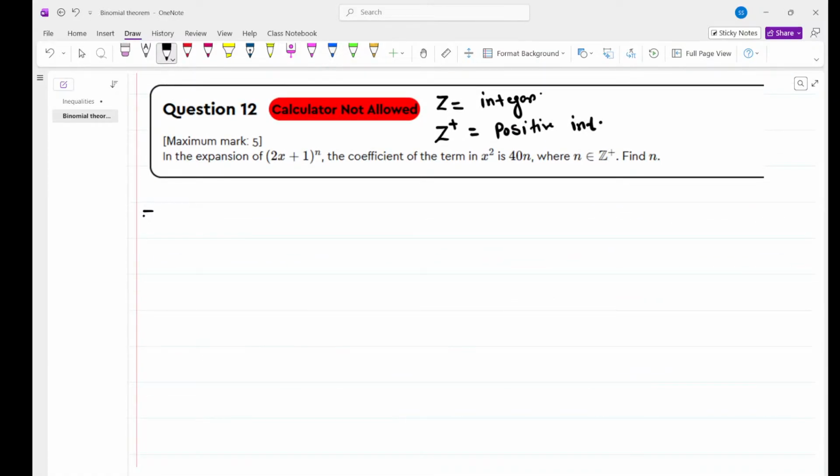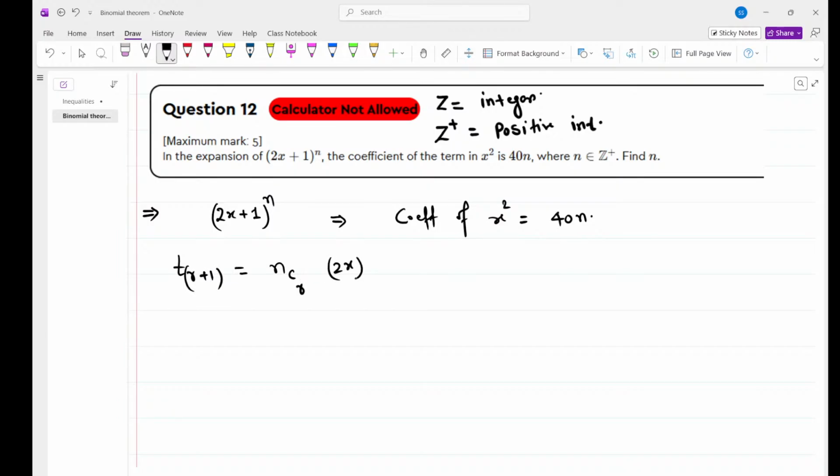So we have, in the expansion of this, the coefficient of x square. We have the binomial expression as (2x plus 1) raised to power n, and the coefficient of x square is 40n. So we should write T(r+1). T(r+1) should be equal to nCr (2x) raised to power n minus r, and this 1 raised to power r, isn't it?